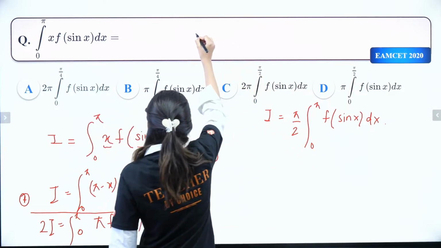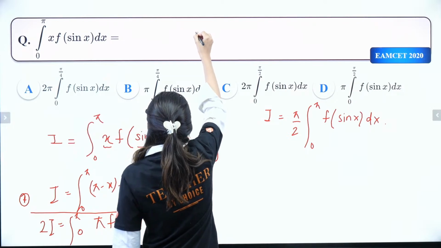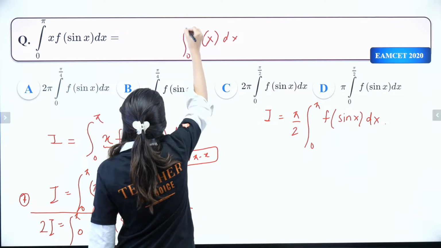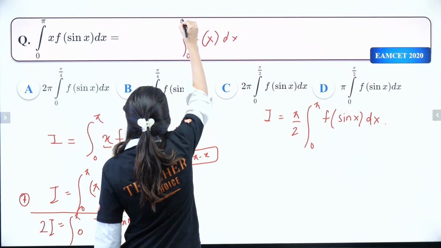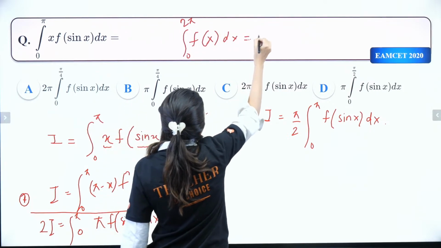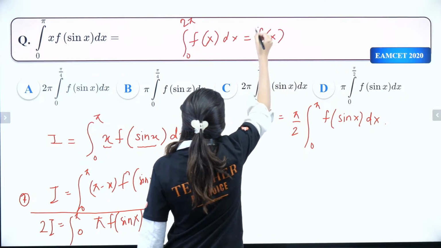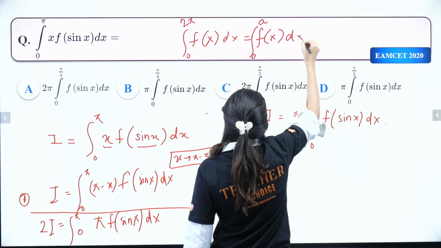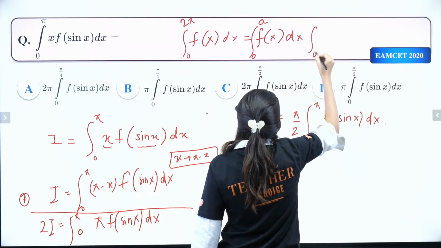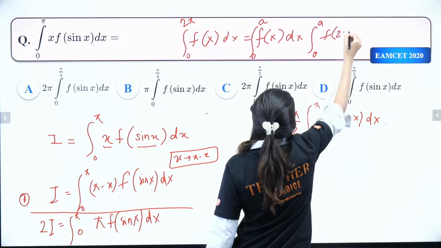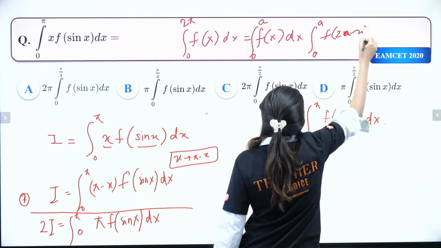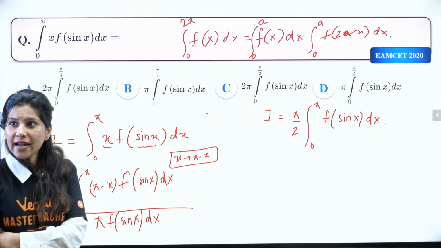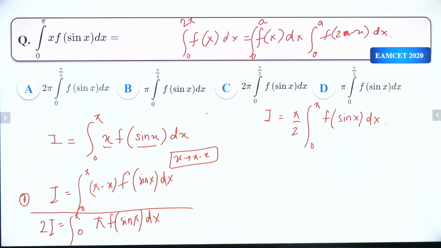Let me tell you Queen's property, which says that the integral of f of x dx from 0 to 2a will be equal to the integral from 0 to a of f of x, I am changing the limits, plus the integral from 0 to a of f of 2a minus x dx. Yes, this is your Queen's property. That's what we are going to apply.